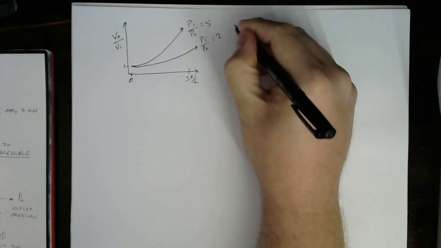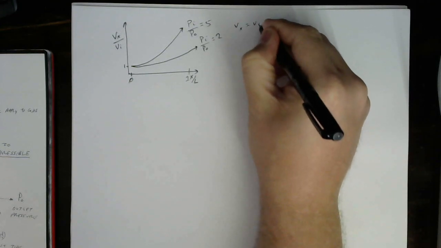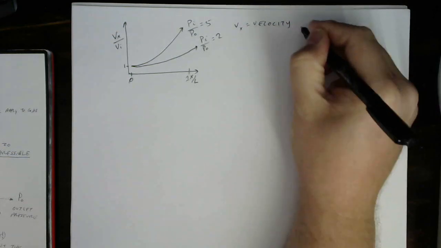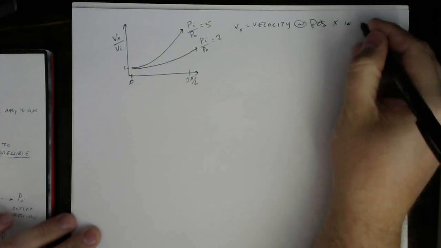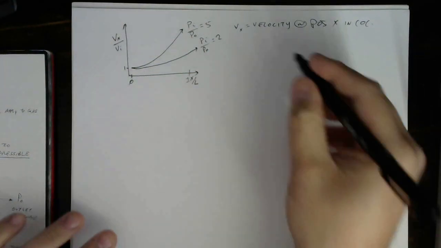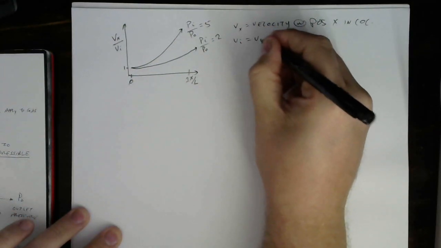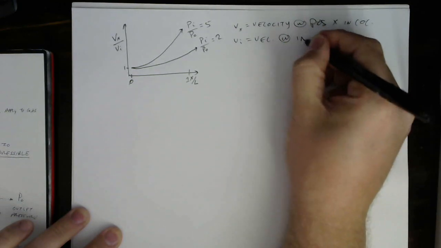Let's just define some terms here. V sub x is velocity at position x in the column. V sub i is velocity at the inlet of the column.